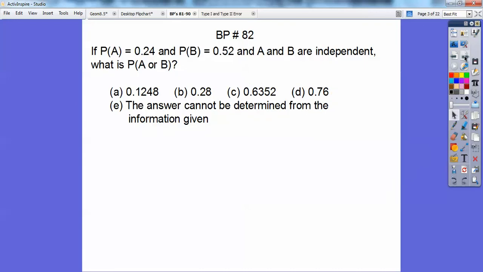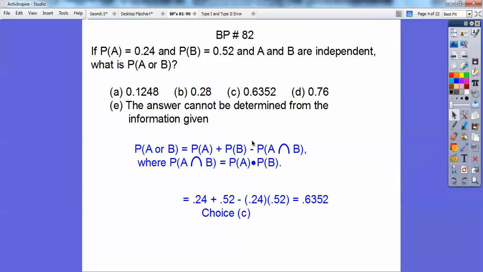So if the probability of A is 0.24 and B is 0.52 and A and B are independent, what's the probability of A or B? Remember that formula? We add these together and then we subtract off the intersection of the two. So the probability of A plus the probability of B minus the probability where they intersect.